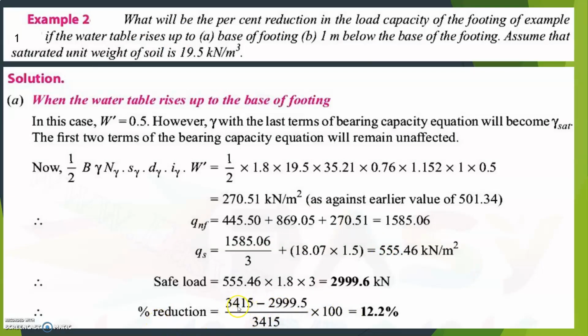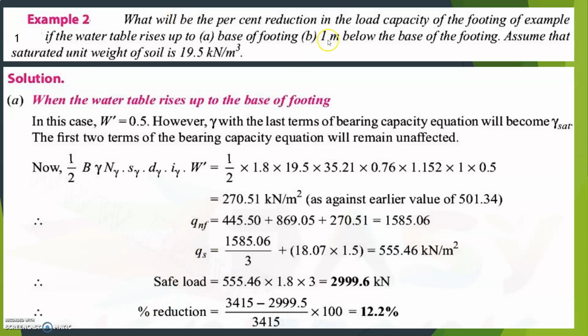So initial value is 3415 minus final value 2996.6 divided by 3415 into 100, that is equal to 12.2%. Okay, this is the percent reduction in the load carrying capacity of the footing.